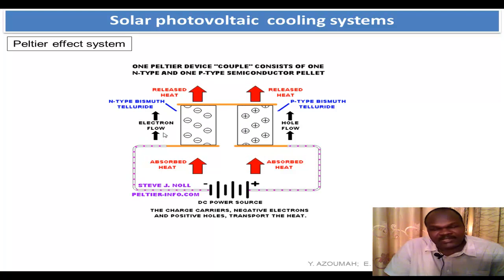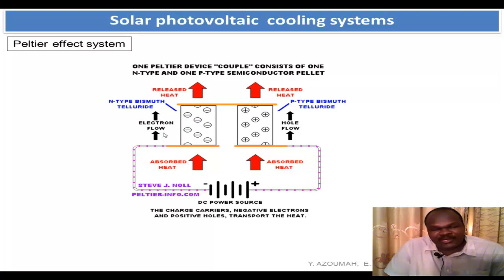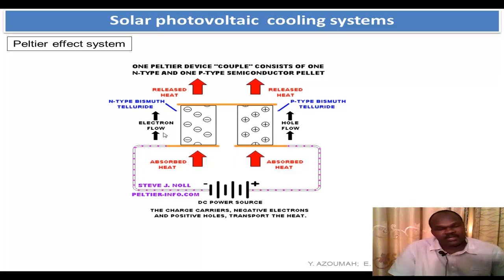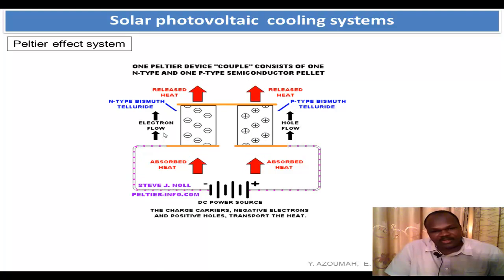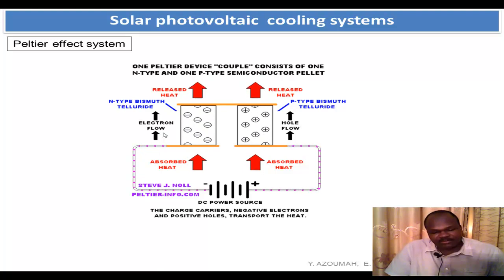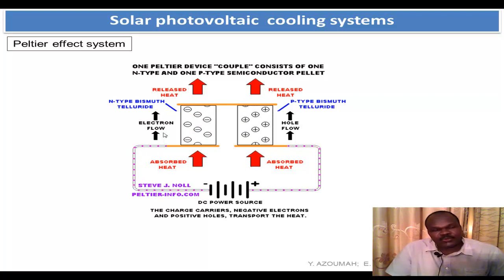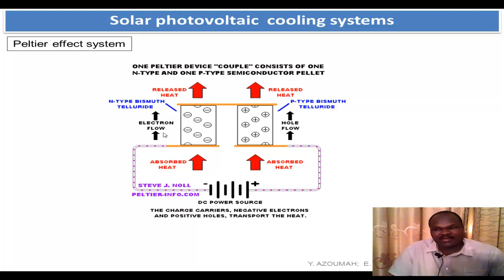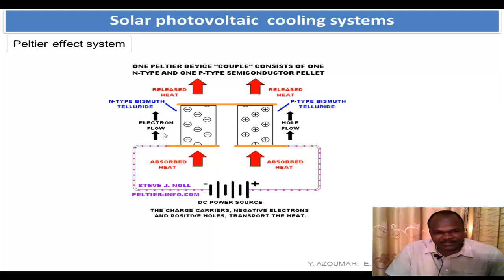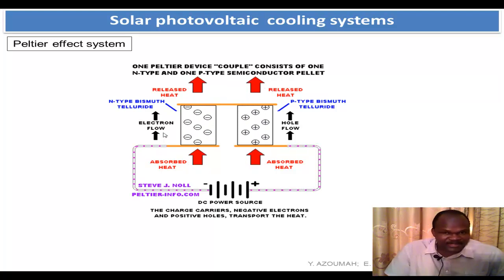Peltier noticed that if you join two dissimilar materials, say metals, and then you pass current through them, you notice that one end of their junctions is getting heated up while the other end is getting cooler. I will explain how it works, the physics behind it.